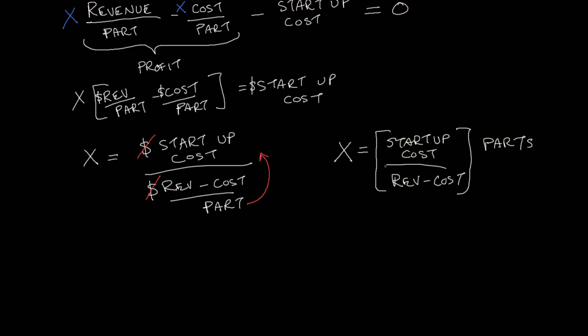This relationship here will get you your break-even point of how many parts you need to sell until you just hit 0. So you've made your money back. And if you do that in a short period of time, you don't have to think about the costs of the loans that you took out to buy the machine and the time value of money.